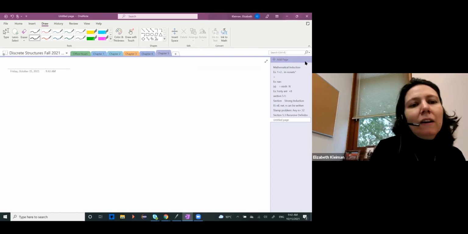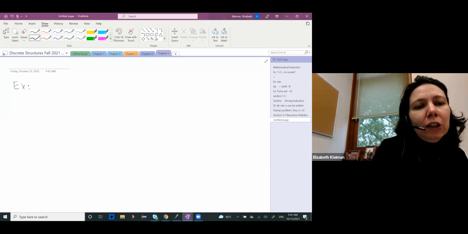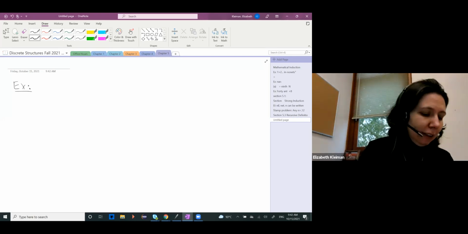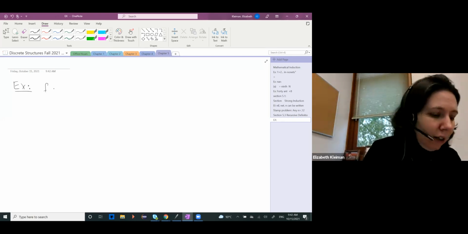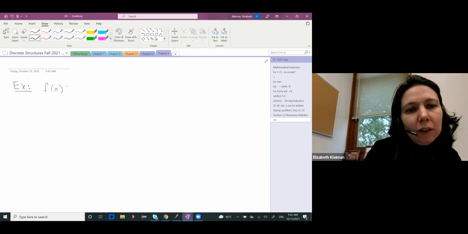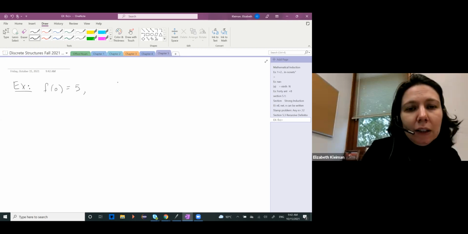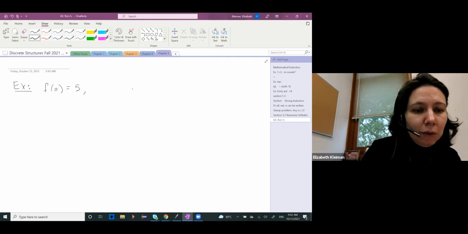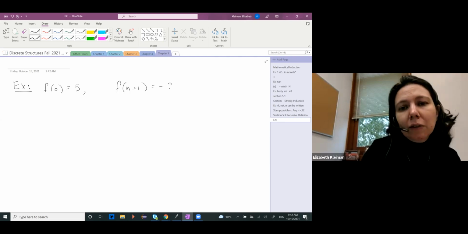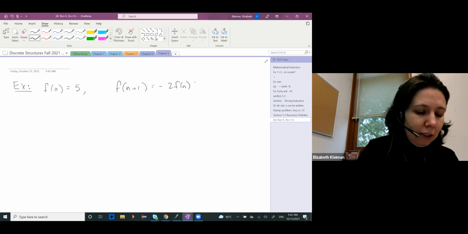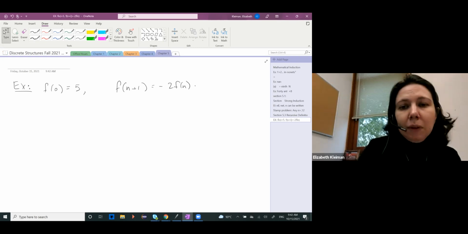Okay, so let's do an example of a function defined in that way. F of 0 can be defined to be 5. And then I'm going to define f of n plus 1 to be negative 2 f of n plus 5.